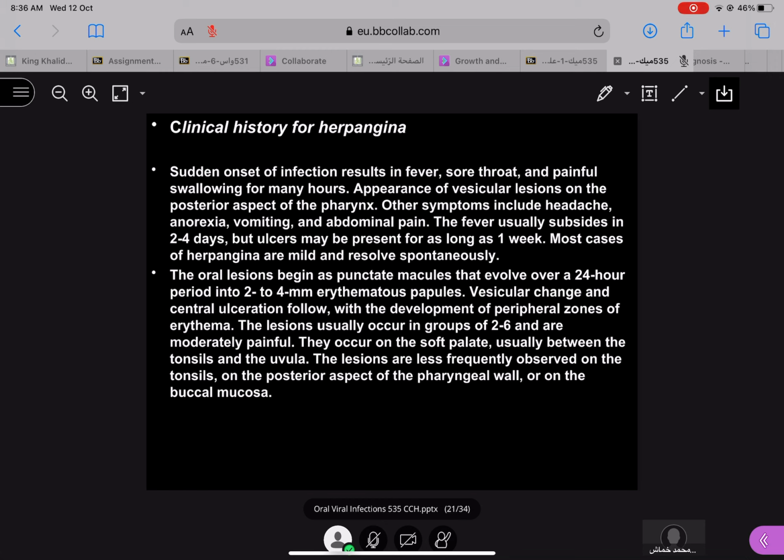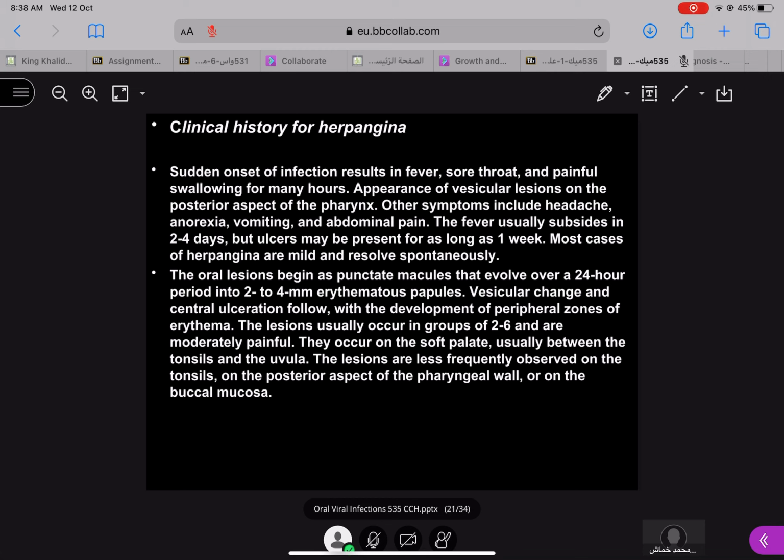The oral lesions begin as punctate macules that evolve over a 12 to 24 hour period into 2 to 4 millimeter erythematous papules. Vesicular change and central ulceration follow with development of a peripheral zone of erythema. The lesions usually occur in groups of 2 to 6 and are moderately painful.